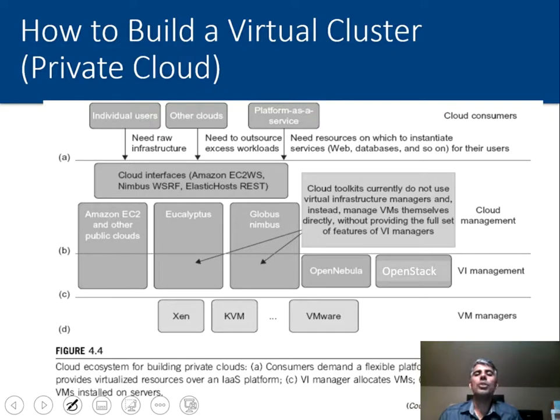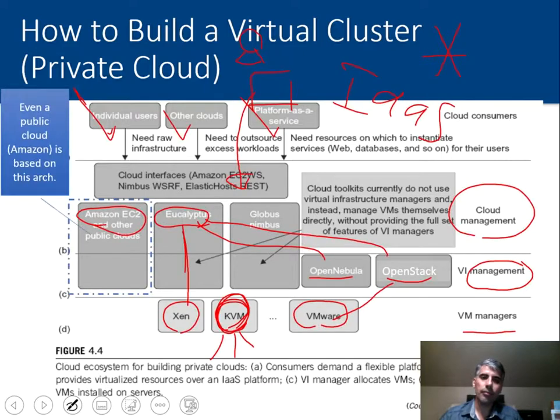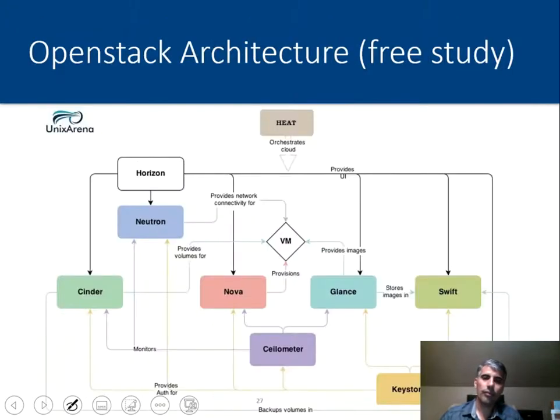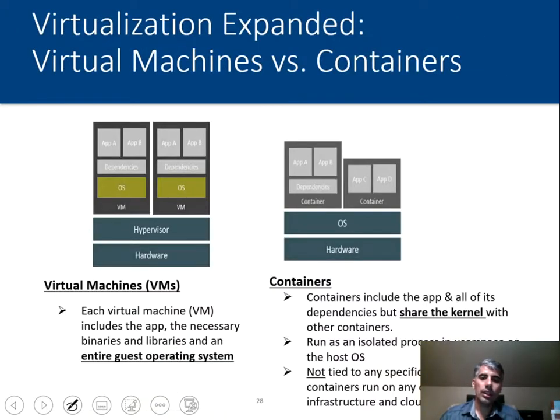Now, if we want to do higher level services like platform as a service, for example, we give a programming environment to our users, then that platform as a service itself may be using an infrastructure as a service in the underlying layers. All right.